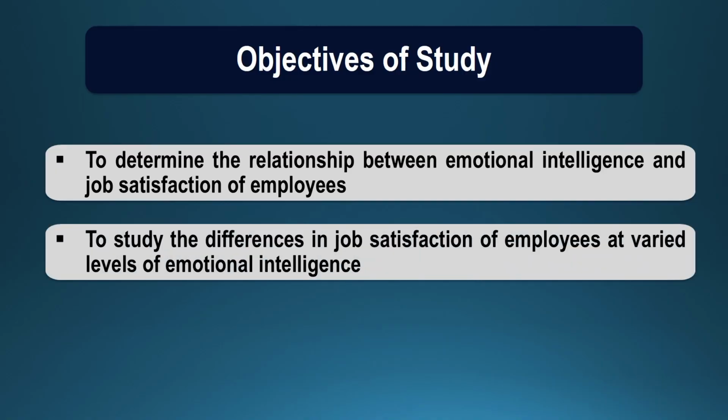If the objective is to study the differences in job satisfaction of employees at varied levels of emotional intelligence, it simply gives you an idea that you need to go in for significance of differences between means of the two groups or three groups.